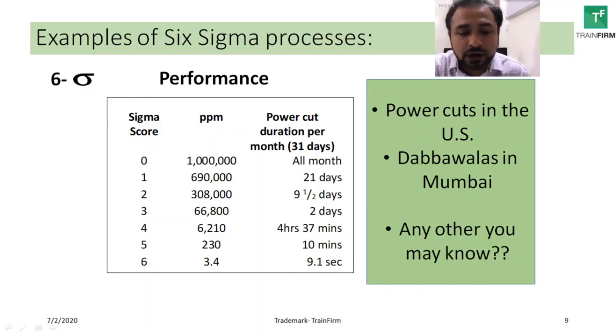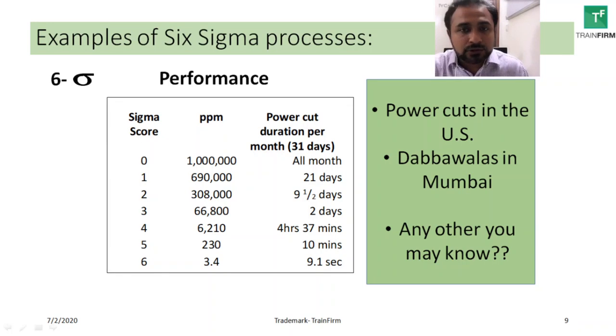That means there should not be more than 9.1 seconds of power cut in a month which has 31 days, right? If it is lesser than that, that's a better process, which is more than Six Sigma. If it is higher than 9.1 seconds, say 10 minutes or 4 hours, my process quality will dip, okay?